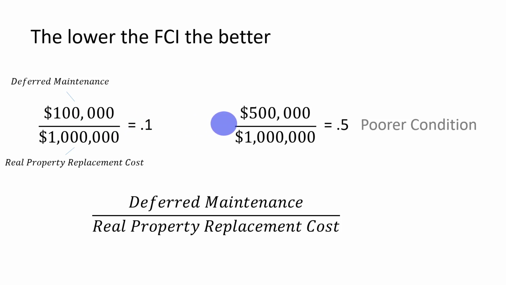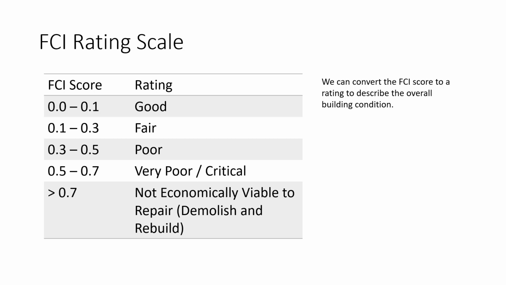Meanwhile, another building, which is also valued at $1 million, has $500,000 of deferred maintenance. This gives it an FCI score of 0.5. What you can see is that the lower the FCI, the better. We can then convert those FCI scores into a rating.